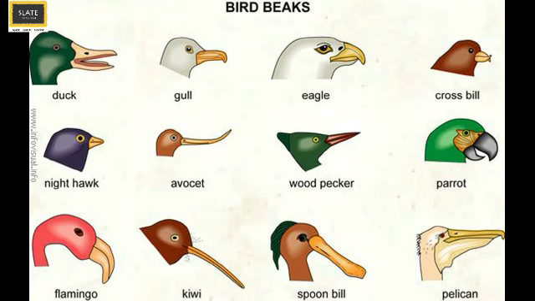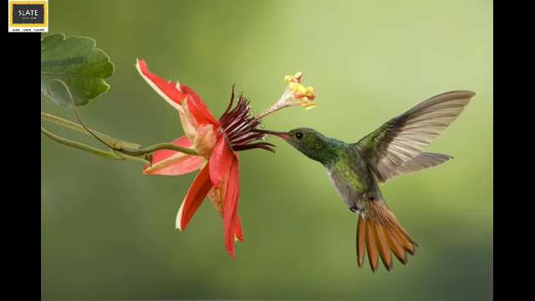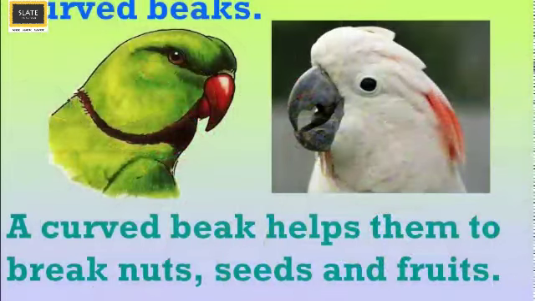These beaks differ based on the food that they eat. Nectar feeding birds have long, thin and curvy beaks, while the fruit and seed eating birds have curved, strong and pointed beak.